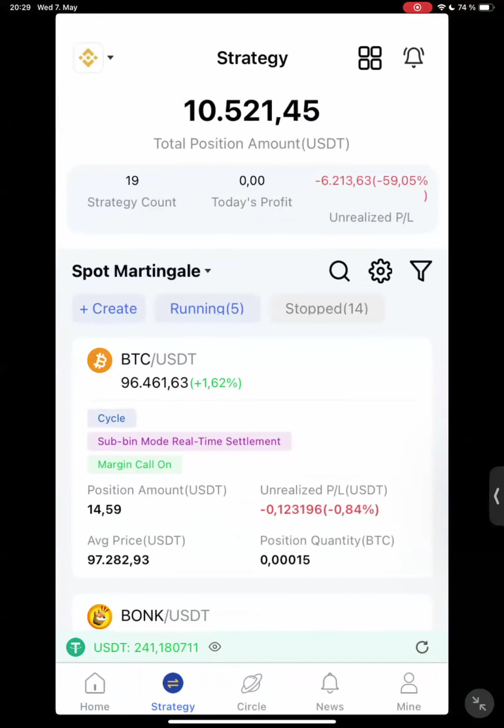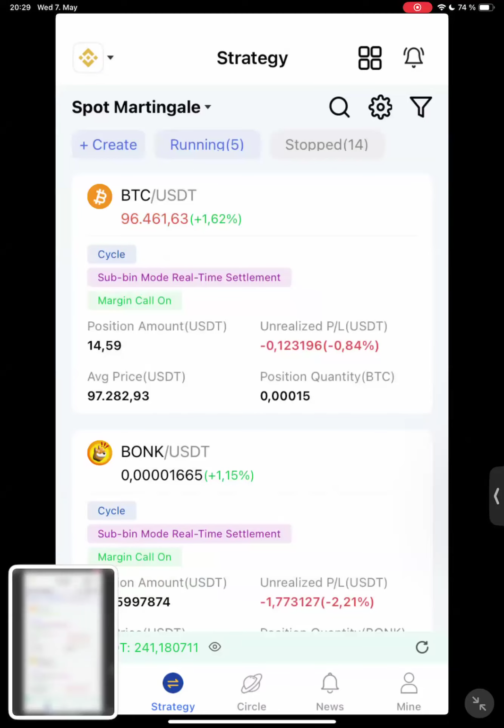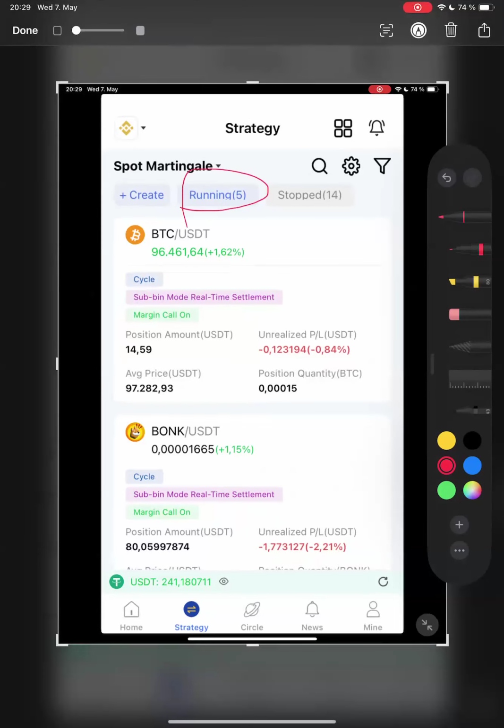Now, under the strategy, you would see 5 coins that are currently running. Running 5 and stopped 14. So it means there are some coins that I have paused. Now, if you pause a coin, the robot won't be able to buy or sell them if it's supposed to. Why do we pause? Sometimes we pause to take a lot of profits. Because with the RoyalQ app, at first we could take profit of 100%, 1000%, 20,000%.